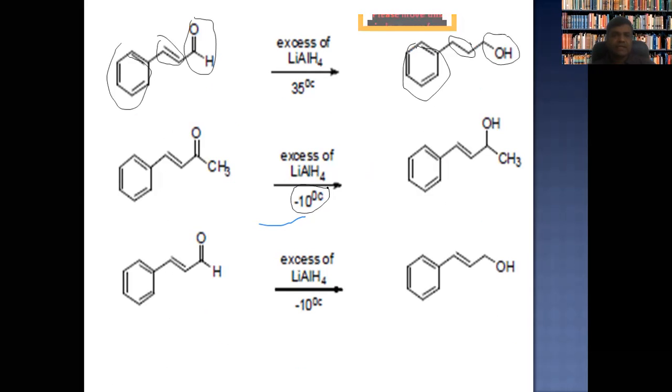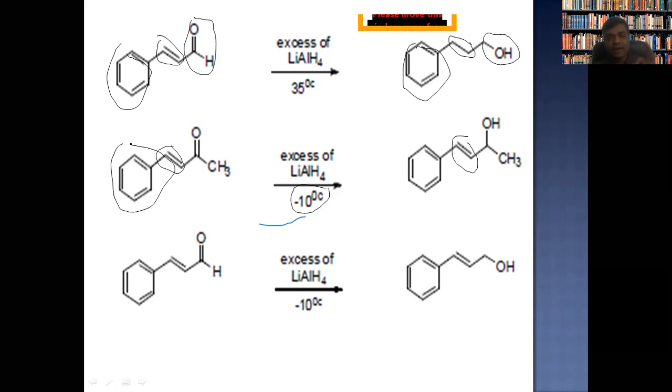The same reaction is carried out at low temperature, below 0 degrees, approximately minus 10 degrees Celsius. In that case, it is observed that this carbon-carbon bond is not reduced. It remains as it is, even though there is an attachment of a phenyl group.